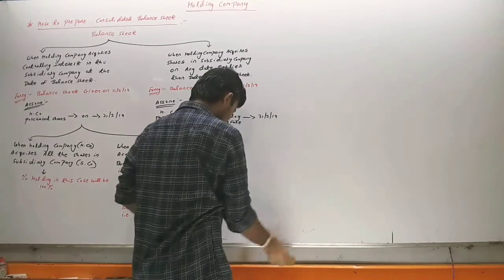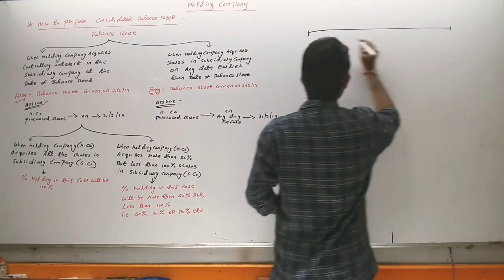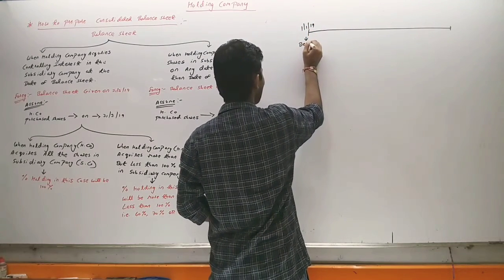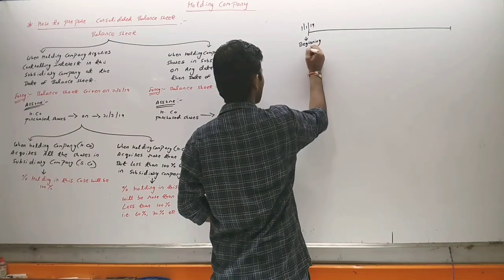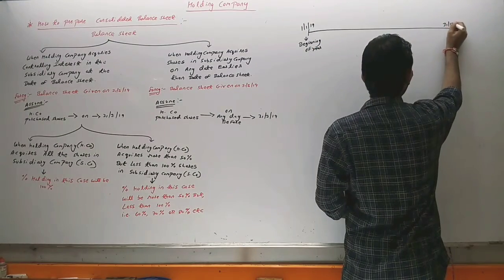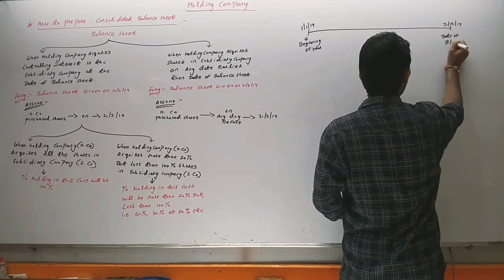Once again we will take a timeline. 1st Jan 2019, beginning of year. 31st December 2019, date of balance sheet.